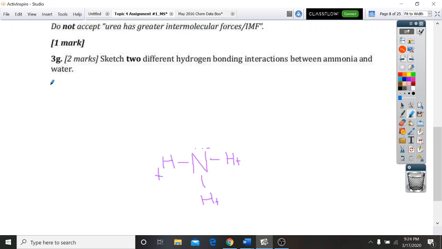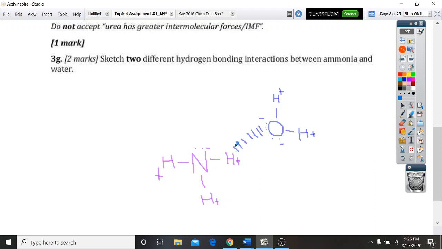And now I'm going to put my water. I'm going to put, let's see, one water here. And H is positive and O is more negative. And I can show this interaction like this, for instance. I can make little lines like this, or I could have just done an arrow or a line.